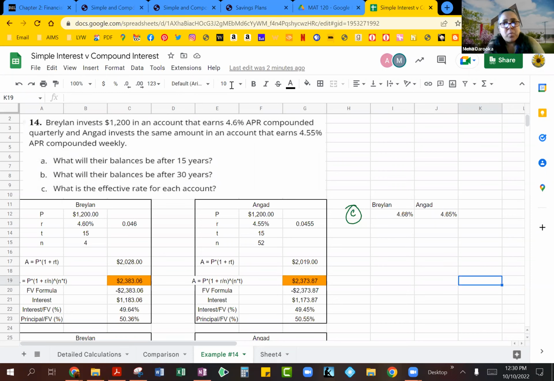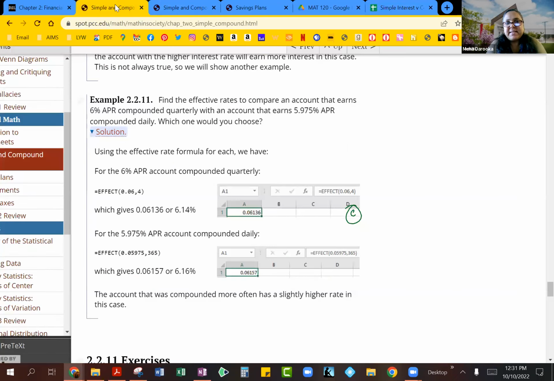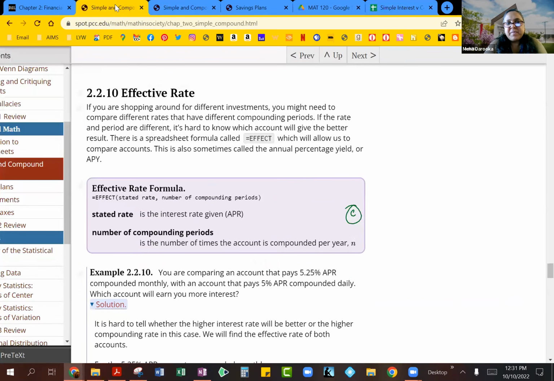So just because you have more compounding periods does not automatically make it a better investment, because you do have to look at what interest rate you initially started out with. But it's amazing that we have something like this effective rate formula that can tell us who has a better investment, or if you're shopping at different banks or financial institutions, you can find out which account is going to give you a higher interest.